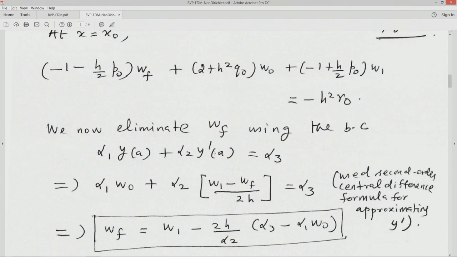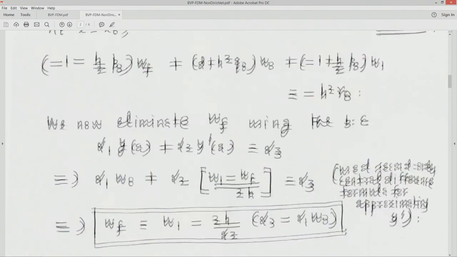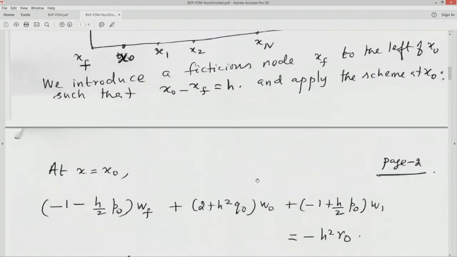What is y prime at x naught? We replace it by a second order accurate finite difference method. What will that be? That is going to be W1 minus WF by 2h. Let us see how we have obtained it.